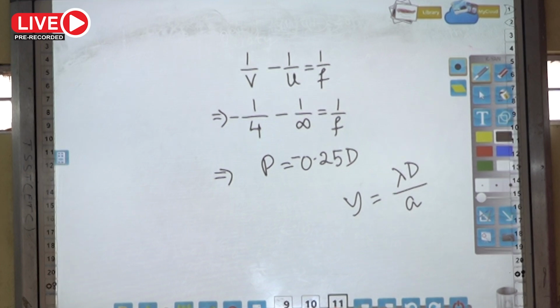That y you have to find out. Lambda is given 5 into 10 to the power minus 5. a is the width given, and capital D is given 60.